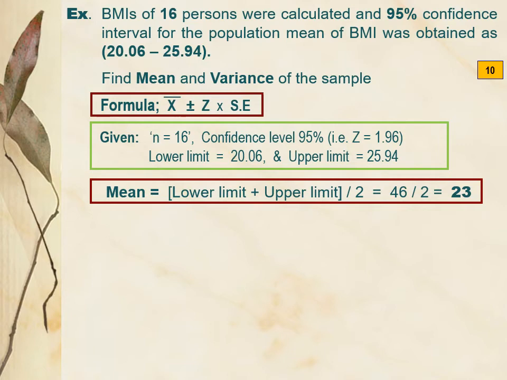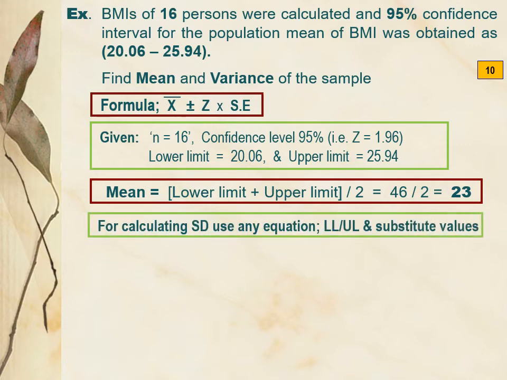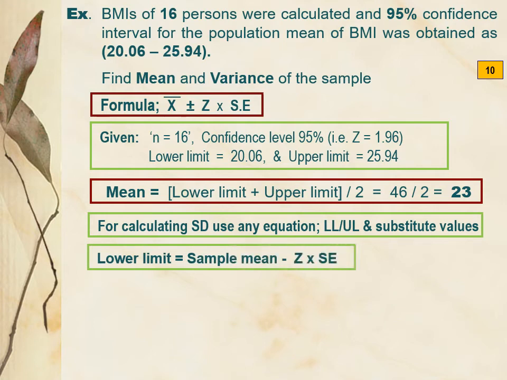Okay. For finding the variance, you will get SD, and then SD square will give you the value of the variance. You are given both upper limit and lower limit. You may select any of these. Prefer to take lower limit because that will give the smaller value. So lower limit is equal to sample mean minus Z into SE.